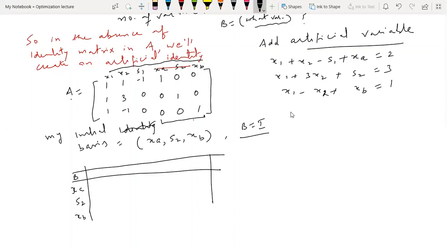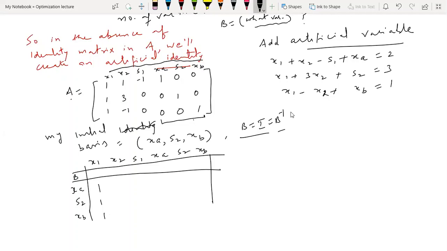And because my initial B is identity, B inverse is the same. So what is my first column? It is B inverse times the first column A1, so my first table will be the same, because I'm using the identity matrix. My columns are x1, x2, s1, xa, s2, xb.